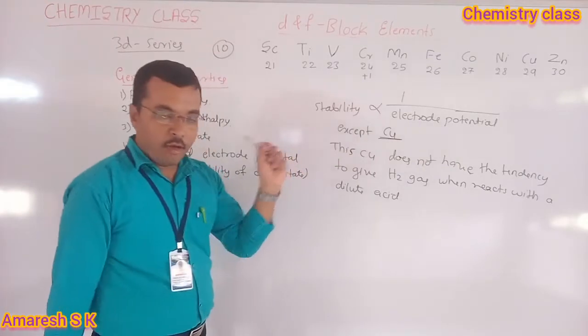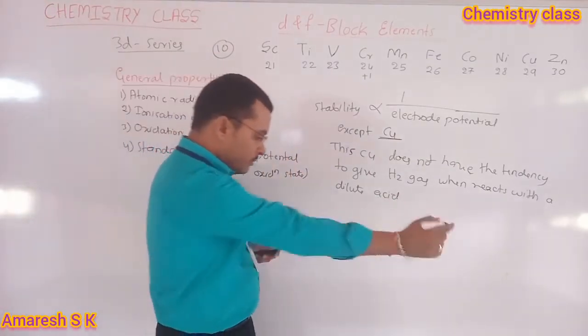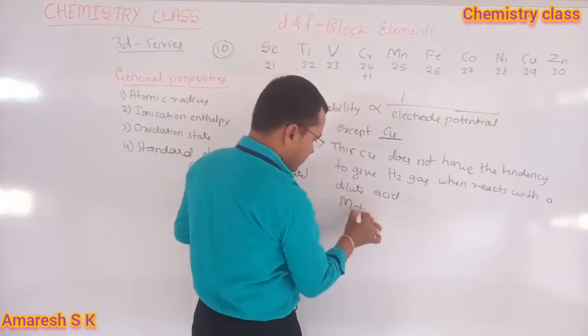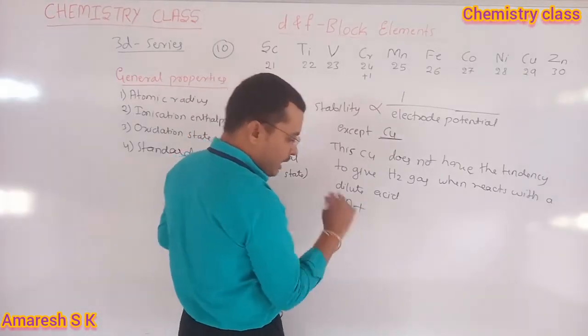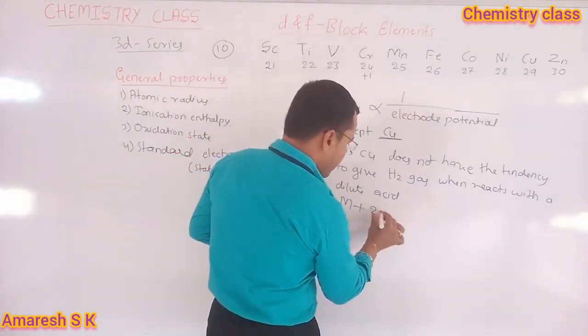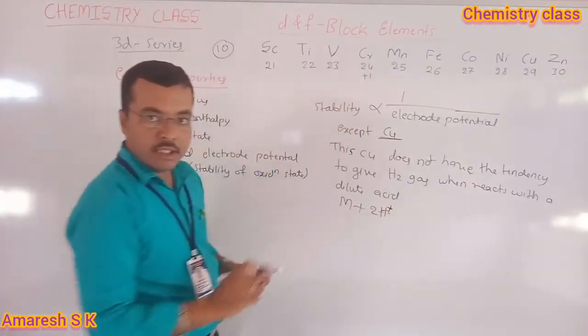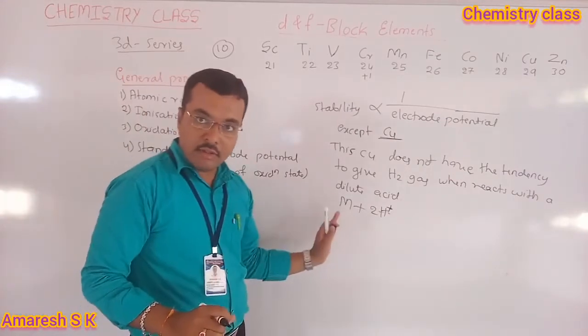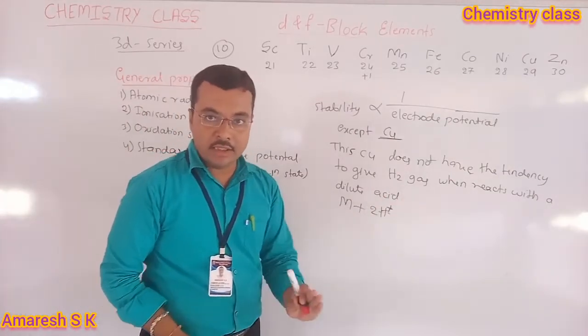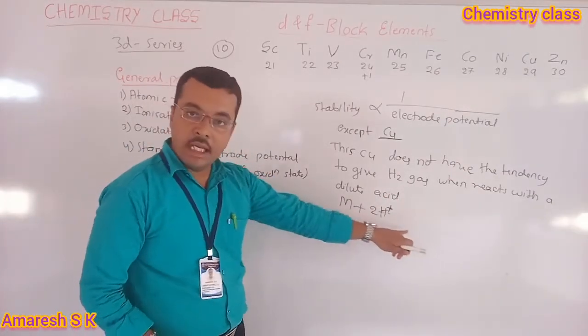This is the concept. And observe here the metallic property. Whenever a metal reacts with the dilute acid, which are the substances that can donate the H plus ion, these are called as the acids.